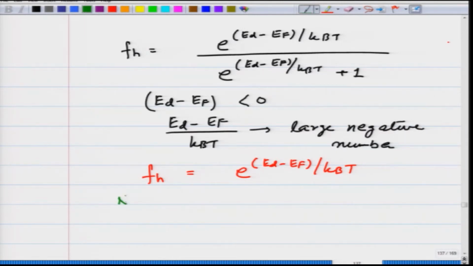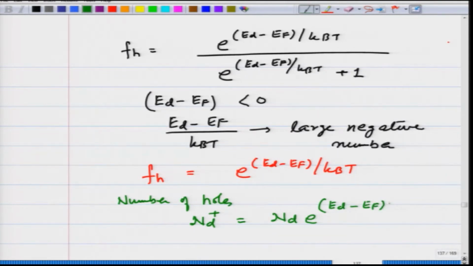the number of holes at the donor level, Nd plus, is going to be equal to Nd times e raised to (Ed minus Ef) over kBT.